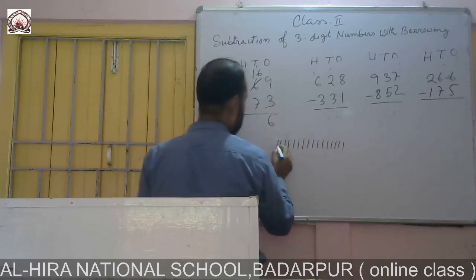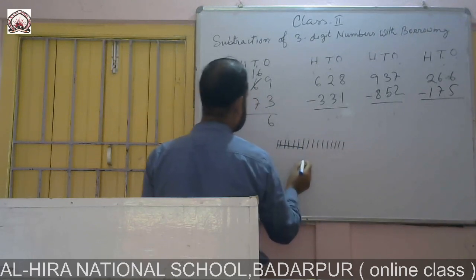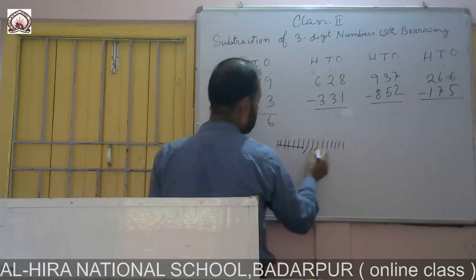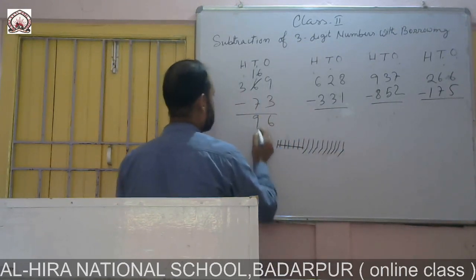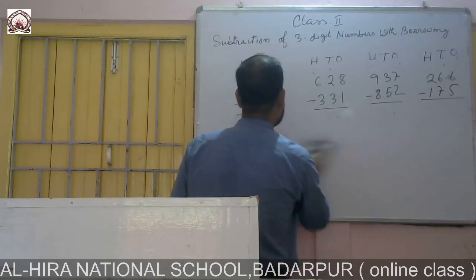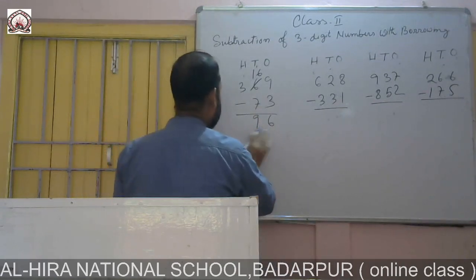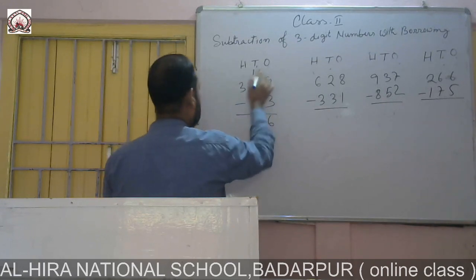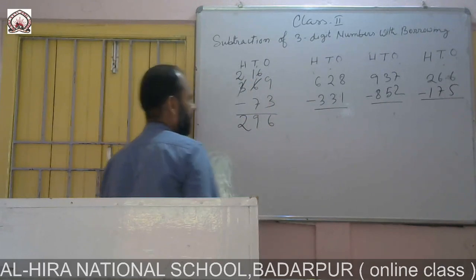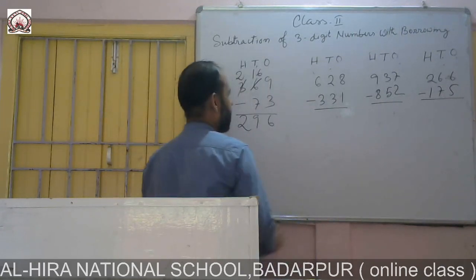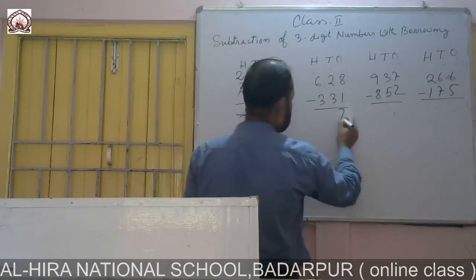Minus 7, 1 2 3 4 5 6 7. Here remain 1 2 3 4 5 6 7 8 9. Yes, 16 minus 7 is equal to 9, and from this 3 we borrow 1, then there remain 2. Next, 8 minus 1 is equal to 7.